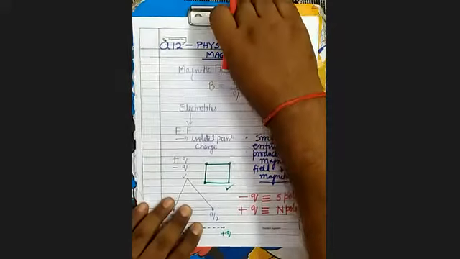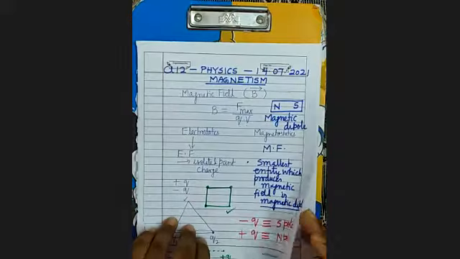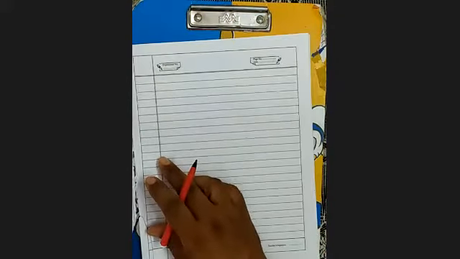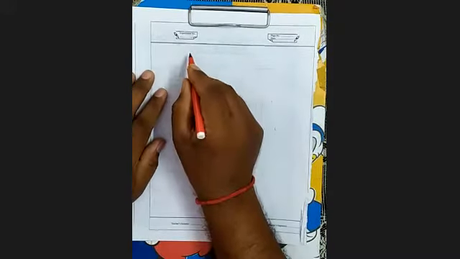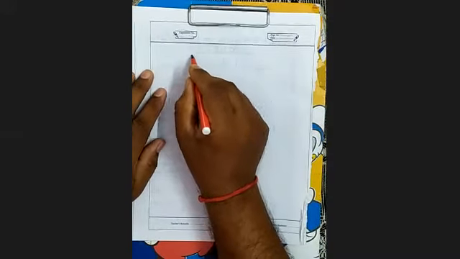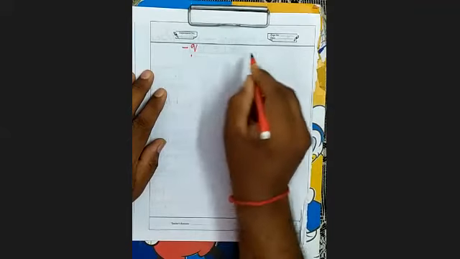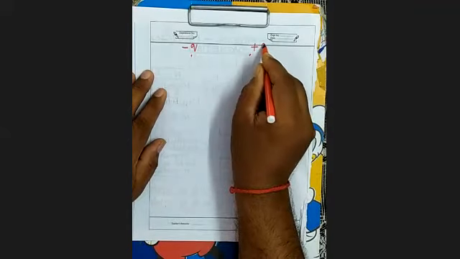Now see here, how will you measure the strength of an electric dipole? There is a term electric dipole moment you have studied. In an electric dipole, this is the negative charge, this is the positive charge.